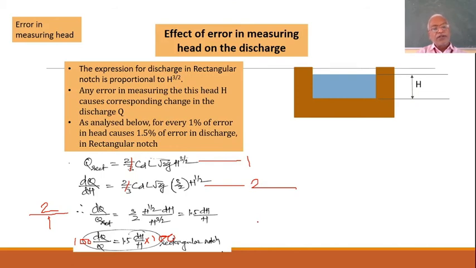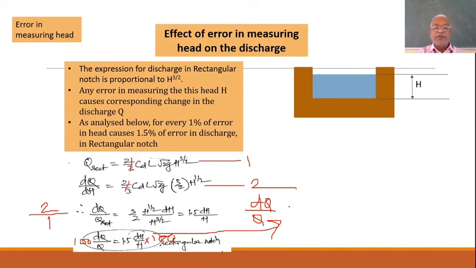Now what this means is, you can just observe, if I substitute for dh by h as 1, dq by q is equal to, I'll substitute dh by h as 1.